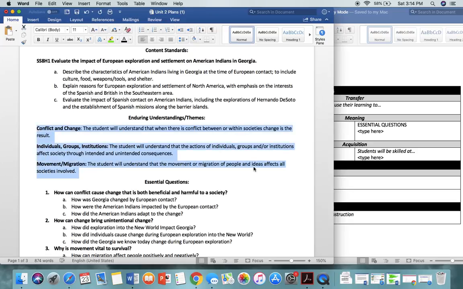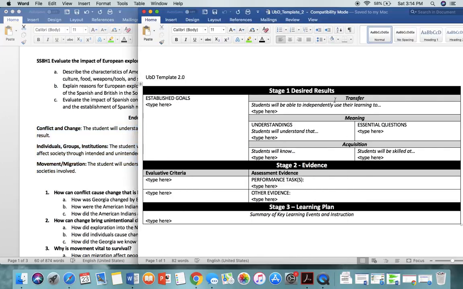But again, I kind of just slapped them up there. I didn't really use them to guide my lesson planning. I didn't use them to guide my assessment, which is the whole idea of backward design, is to be able to use that transfer, those understandings, essential questions, and what students will know and be able to do to guide that assessment and learning plan.